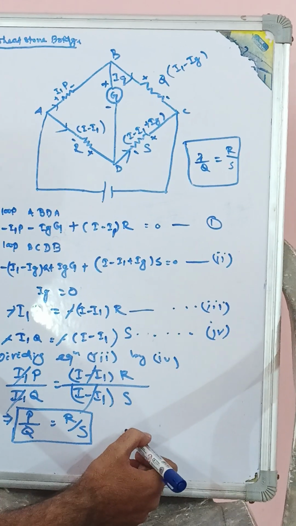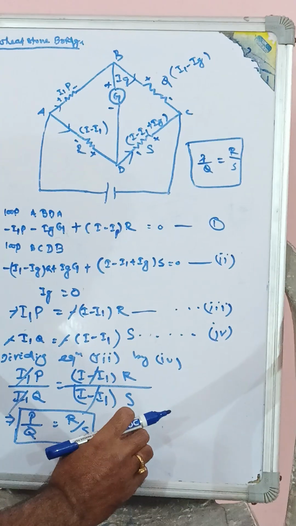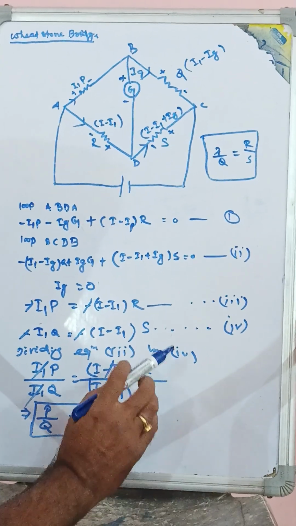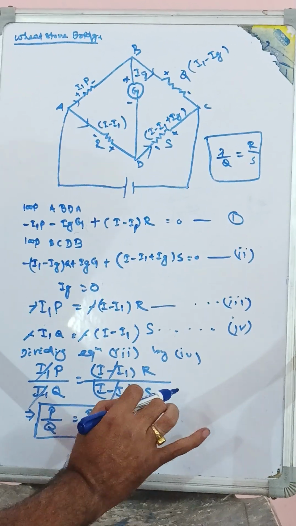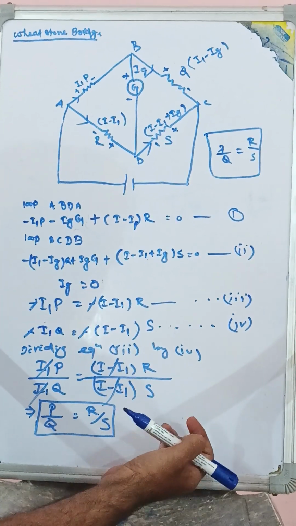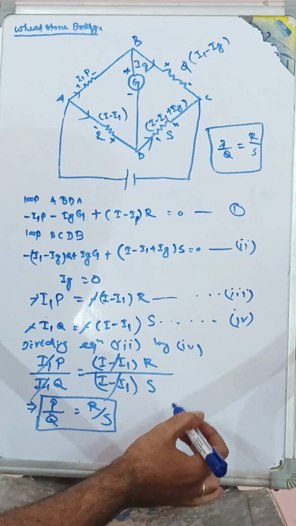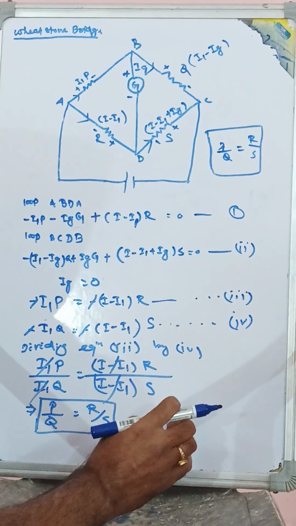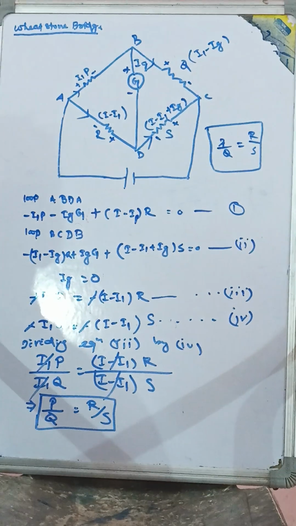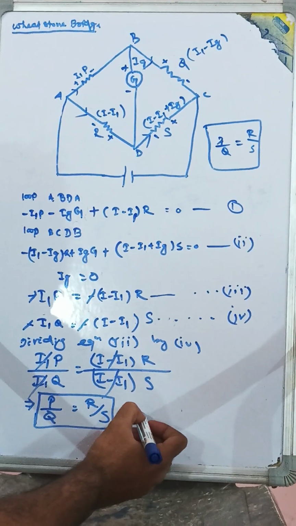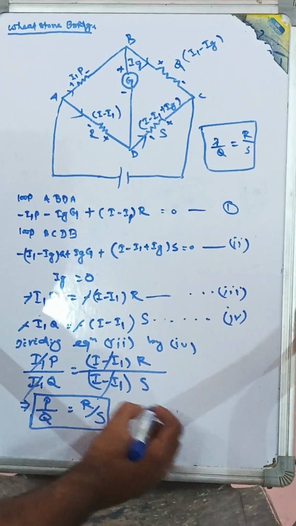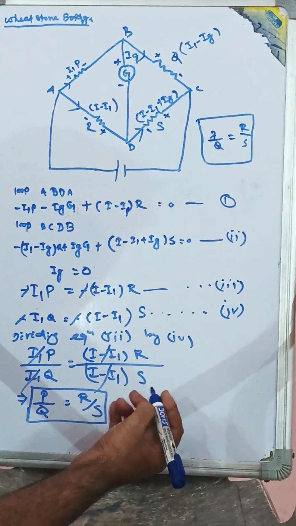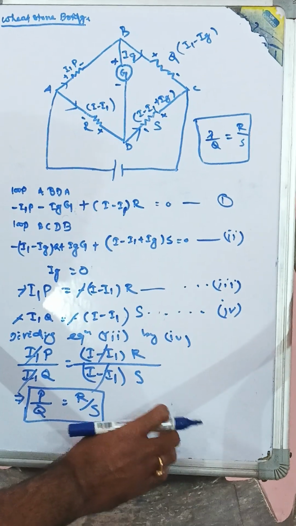The Wheatstone bridge has two unknown resistors, one known resistor and one variable resistor. This balances the legs of the circuit which contain the unknown resistors. Okay, that is all about the Wheatstone bridge.